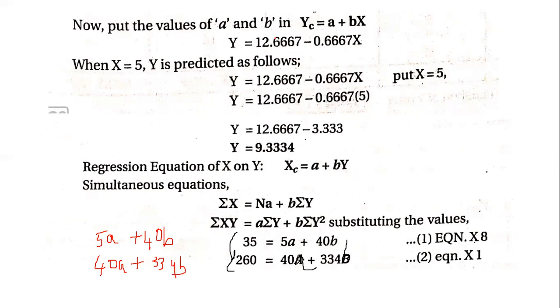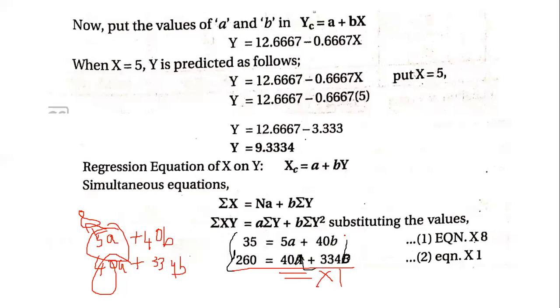Here I have 5a, but in the second I have 40a. If I multiply this 5 with 8, I get 40. Eight fives are 40. And here it is already 40a. So if I multiply the second equation with 1, I will be able to retain the equation.